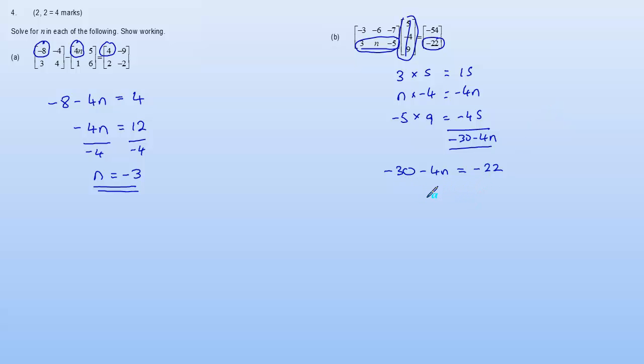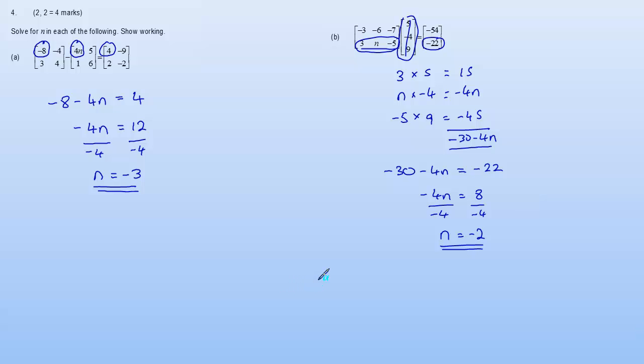Add 30 to both sides of the equation, -4n is going to be 8. Divide both sides by -4, and we get n equals -2. You could of course do this by some sort of trial and improvement type method as well.